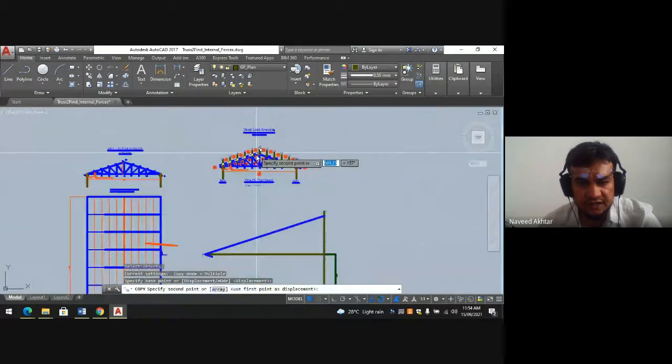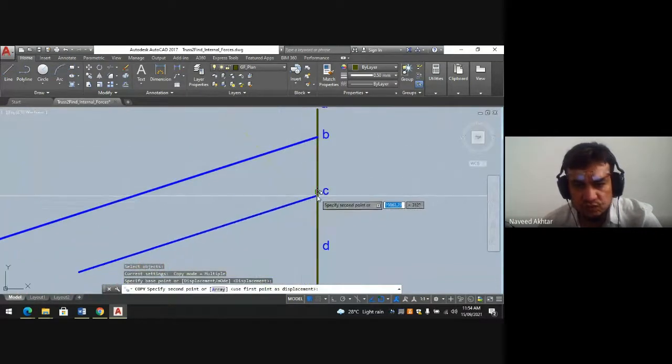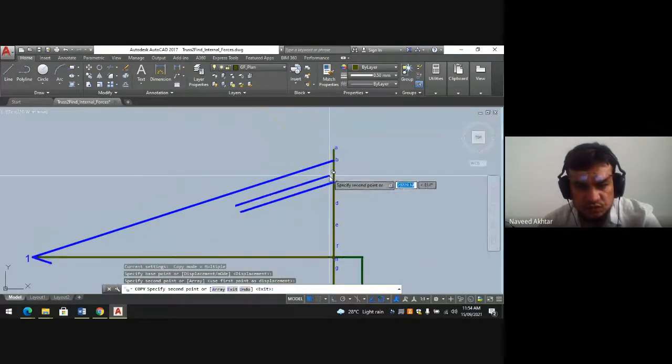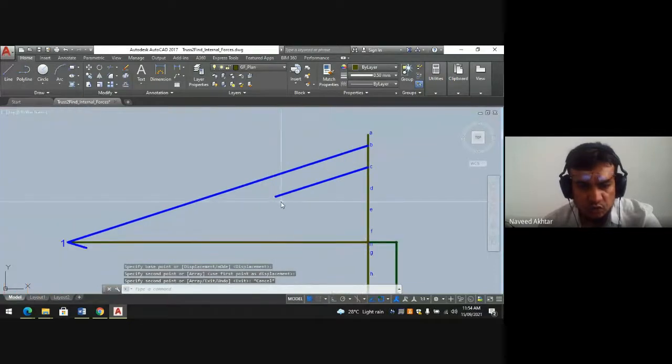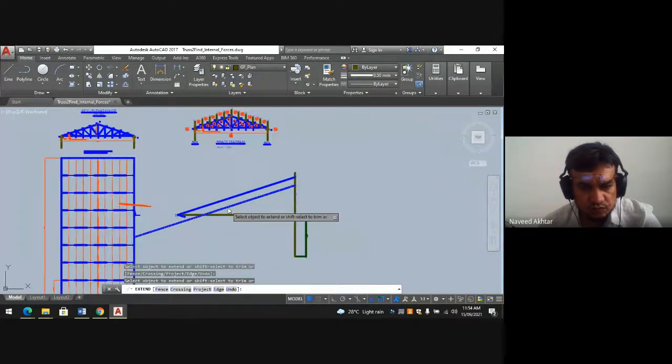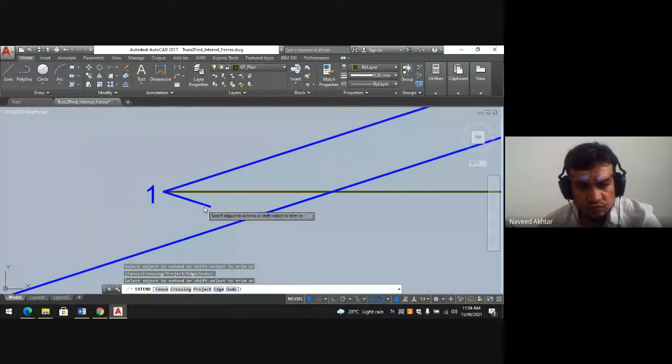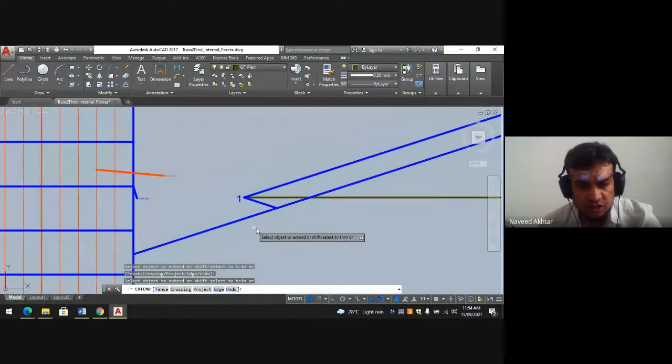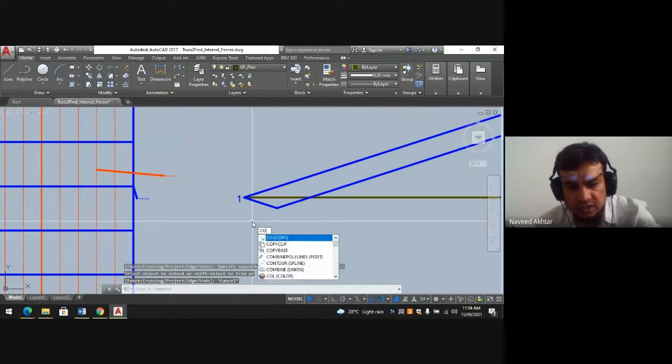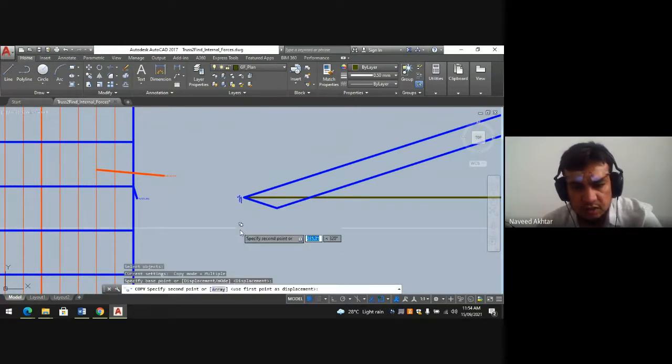I will write here C, and when these 2 points meet, I will extend this. This point is nothing but the second point, the intersection.